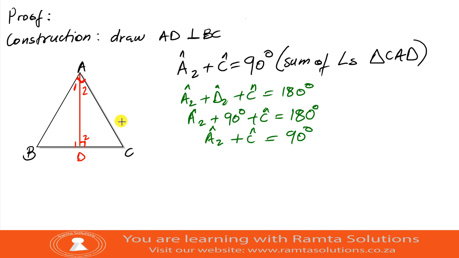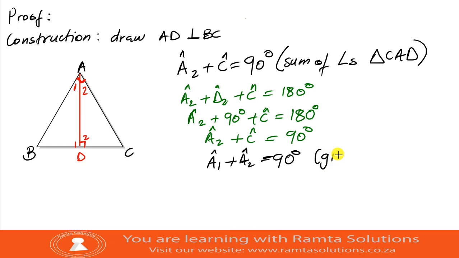Now proceeding, we have said angle A2 plus angle C is equal to 90 degrees, reason being sum of angles of triangle CAD. Now I also see something here. Agree with me that angle A1 plus angle A2 is equal to 90 degrees. What's the reason?